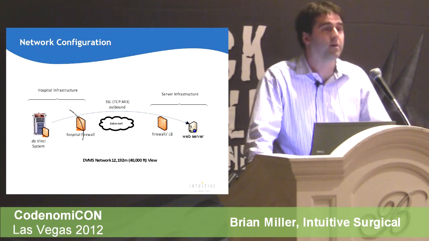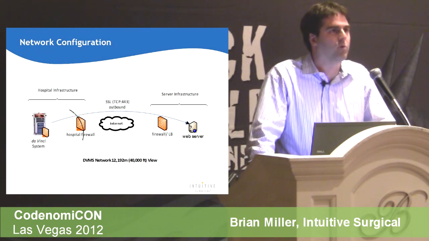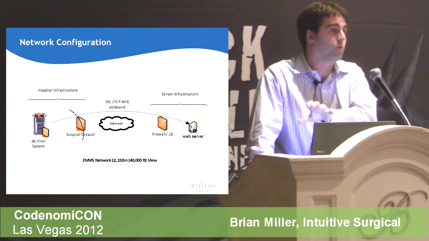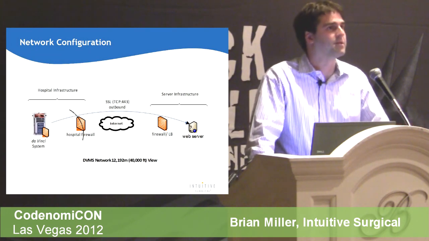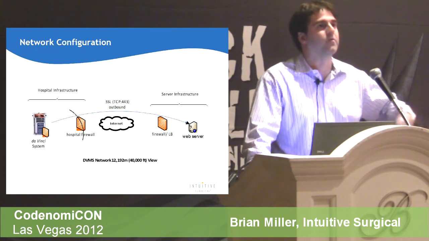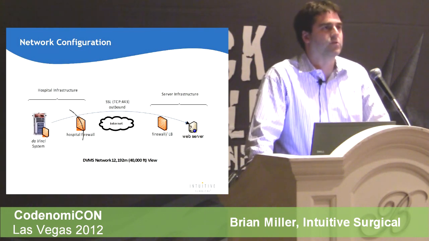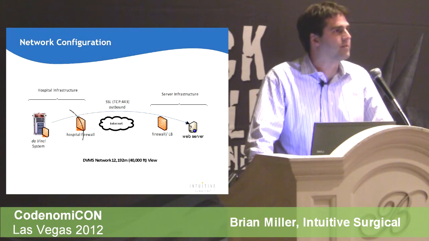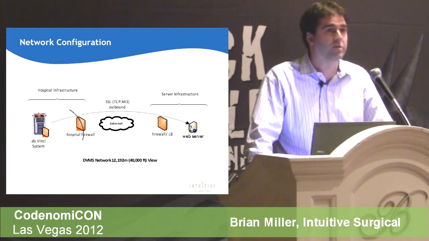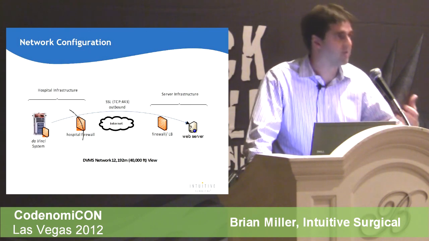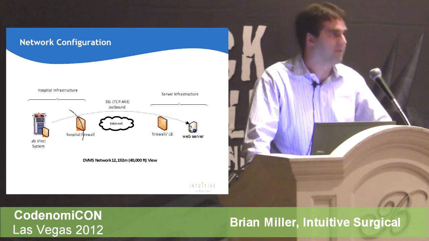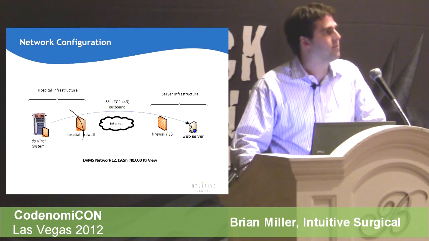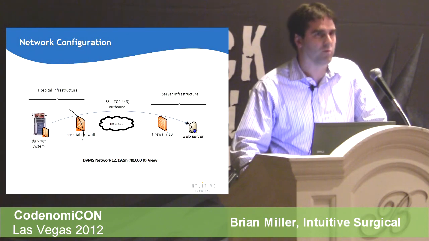We found Codenomicon, we brought in their test suites, and what we found was that when we used the DNS server suite and we had our system as the DNS client, we were able to go through all the different variations of DNS responses, and we found that there was a certain signature and a certain class of responses that the DNS client was unable to parse. And so then our safety systems kicked in and said, oh, I don't understand this, and then the system would just stop communicating.